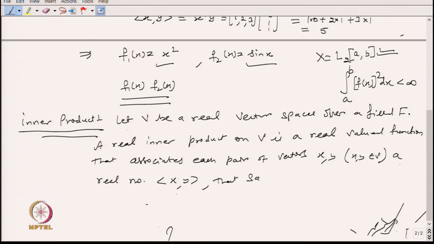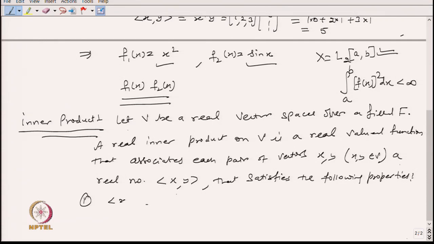that satisfies the following properties. What is the first property? The first property is that if I take the inner product of x and y, then it is the same as taking the inner product of y and x.